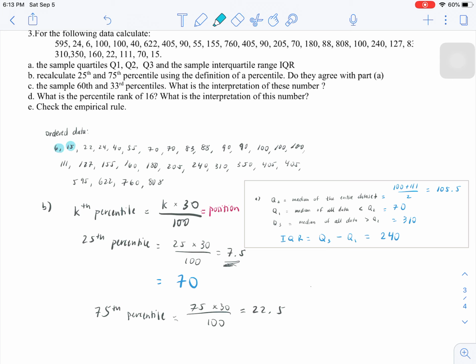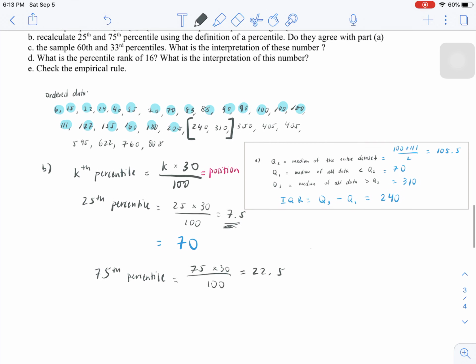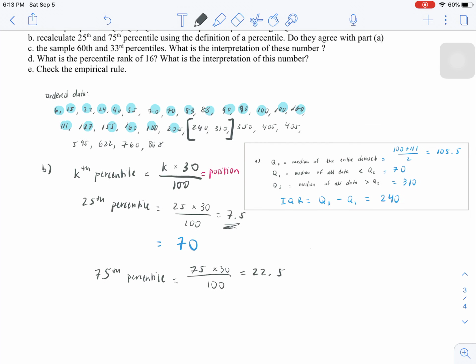So 1, 2, 3, 4, 5, 6, 7, 8, 9, 10, 11, 12, 13, 14, 15, 16, 17, 18, 19, 20, 21, 22, 23. So 240 and 310 are my 22nd and 23rd data points. So the 75th percentile is what's halfway in between those two.